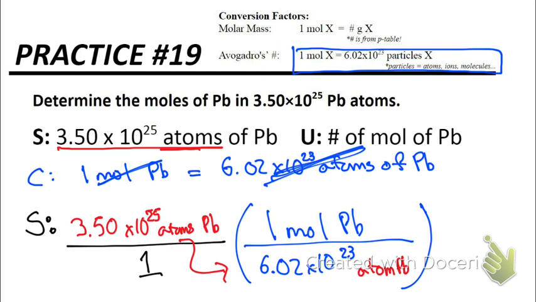So we're going to go ahead and multiply our top and bottom. That's going to be 3.50 times 10 to the 25th atoms. And 1 times 6.02 times 10 to the 23rd is 6.02 times 10 to the 23rd.